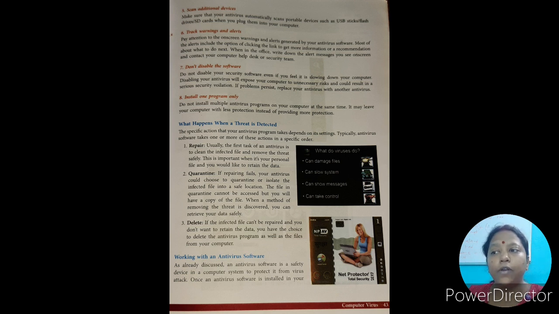When offline, write down the alert messages you see on screen and contact your computer help desk or security team. Means you have to pay attention to the messages that the antivirus software displays on the screen. Don't ignore those messages.